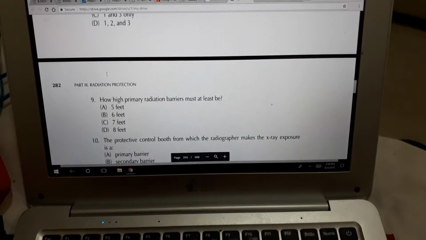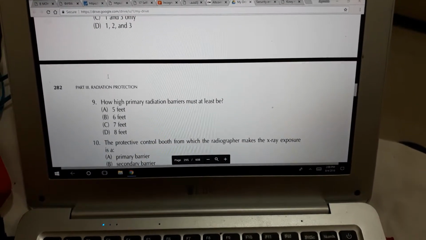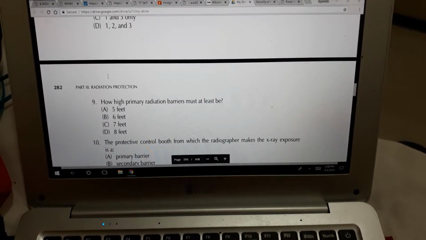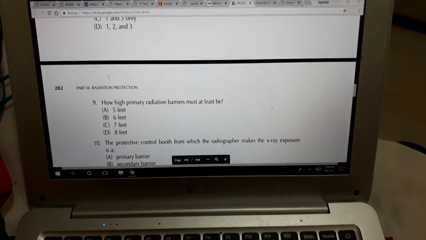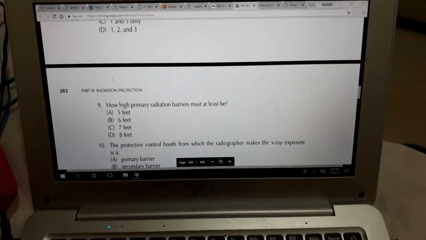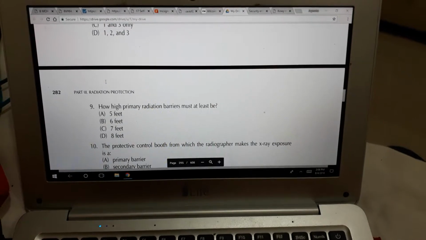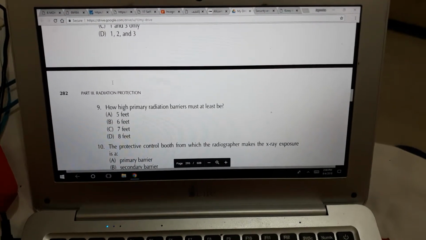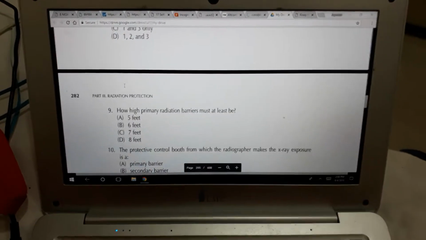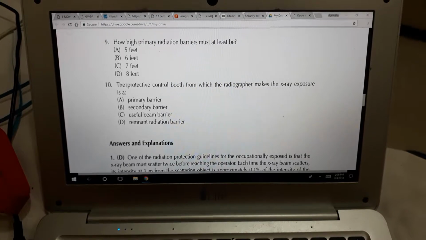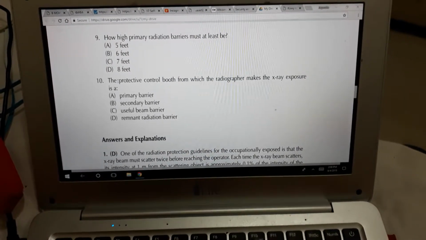The ninth one is how high the primary radiation barrier must be. At least 8 feet, I think. The ninth question is maybe 7.